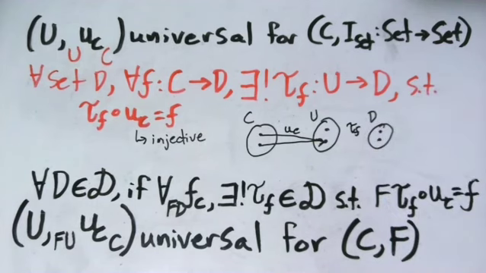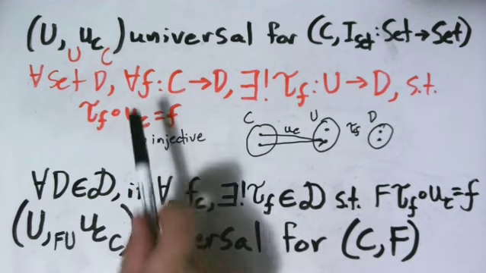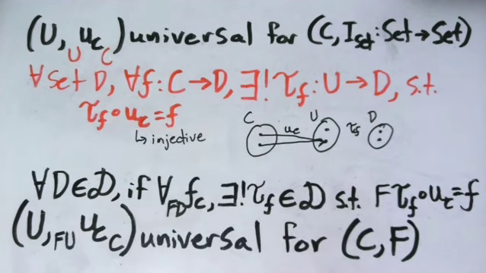But that's not the case. We need this to be able to happen for any f, including ones where they send them to different elements. So it must be the case that U_C is injective.